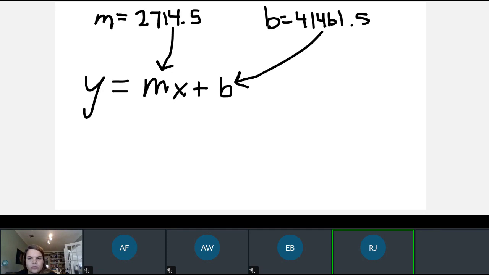Well, when you ran your regression, your b value should be negative 156.1. So you should get 4.4x minus 156.1.